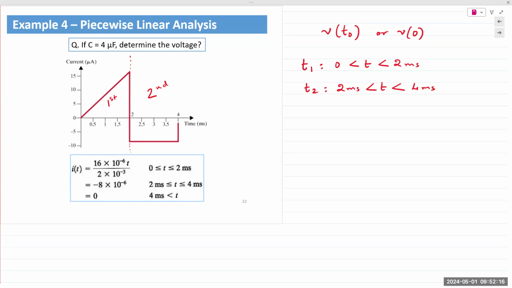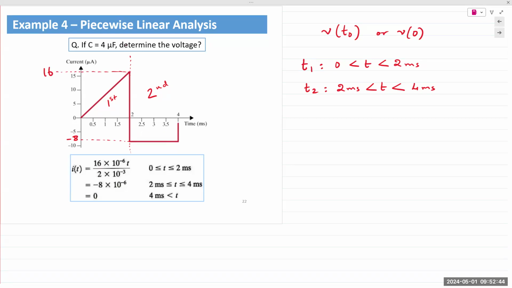If we describe the slope of this first line, actually, let's look at the second one first. Second one is far easier. The second time period, if I extrapolate this, it's not quite as evident, but I'll tell you this is -8. And this here is 16.